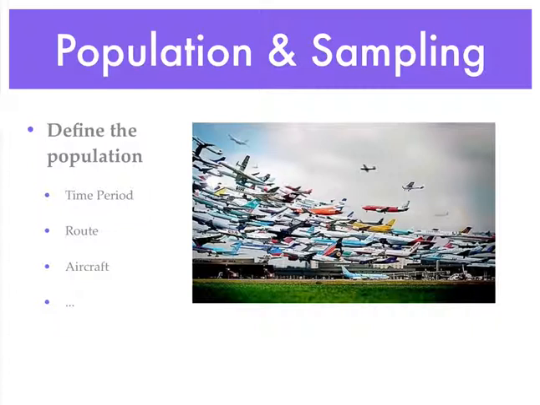And then maybe there are some individual differences among aircraft. You could probably think of a lot of other classifications of a population in order to narrow it down to a point where we can study it, and then we can infer our results back to that population.